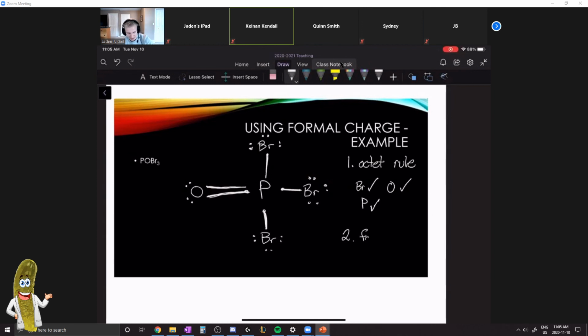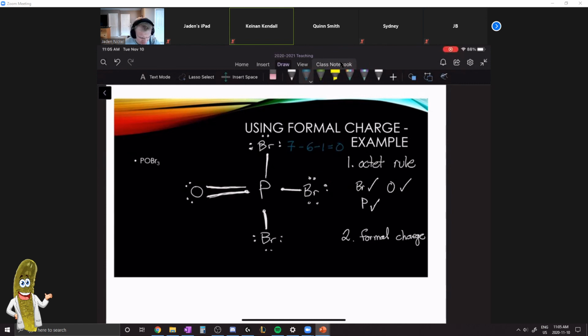The next thing I'd check here would be formal charge. Looking at my bromines here, valence number of 7, 6 dots, 1 bond. Okay, so that formal charge is equal to 0. And I know that all the bromines will be the same.